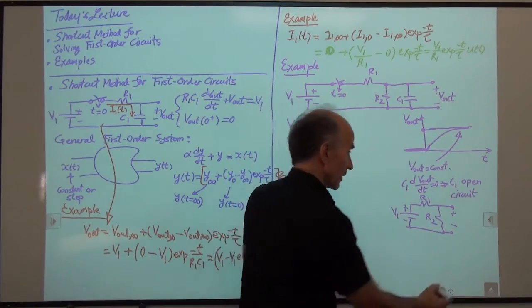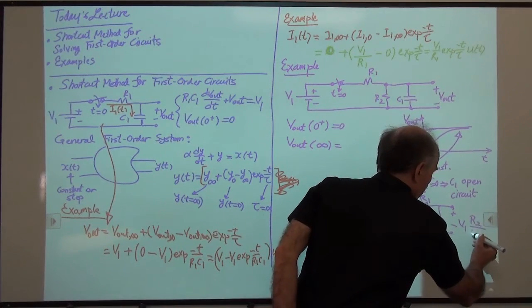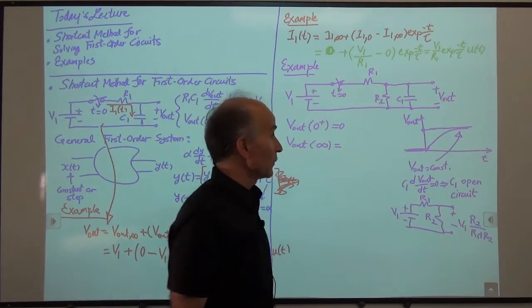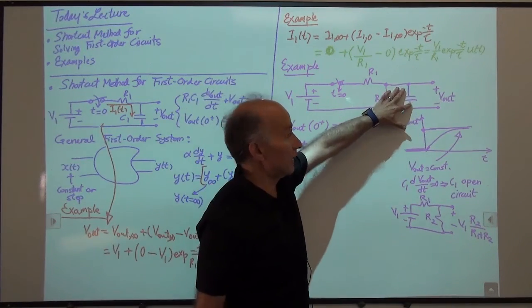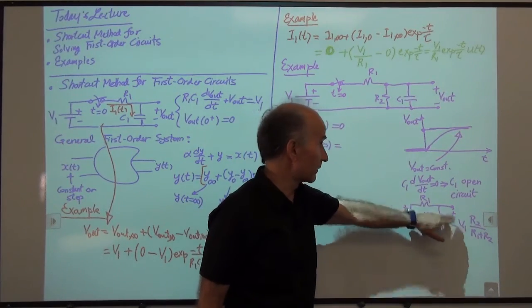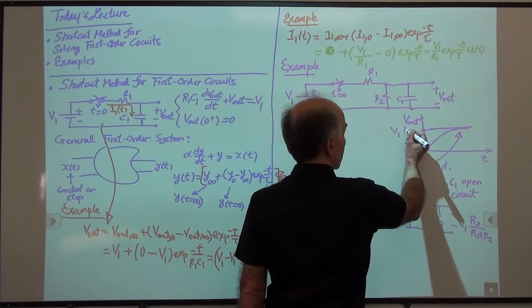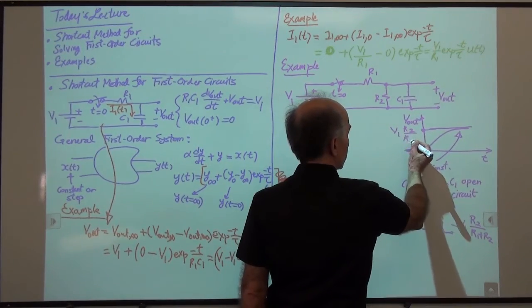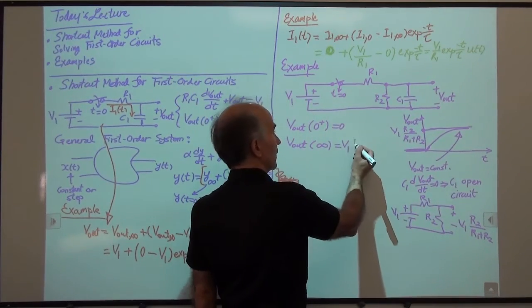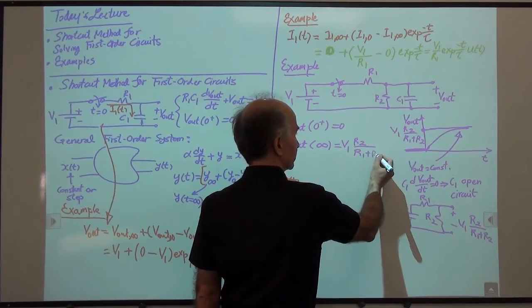So this voltage is V1 times R2 over R1 plus R2. The voltage that eventually appears across this capacitor and across this resistor is given by this value. And that goes right here, V1 R2 over R1 plus R2.